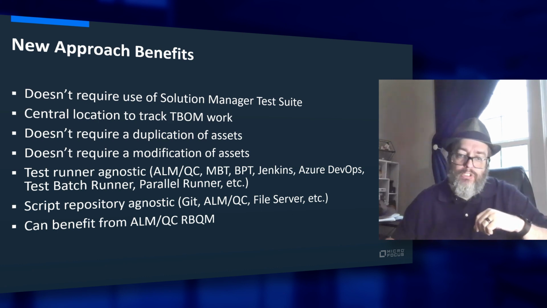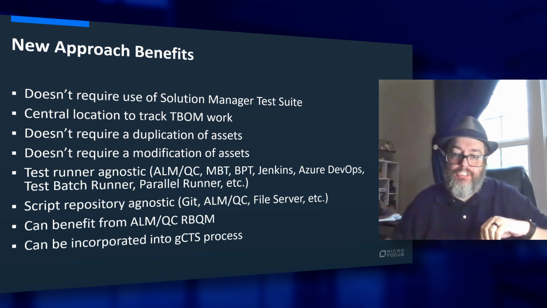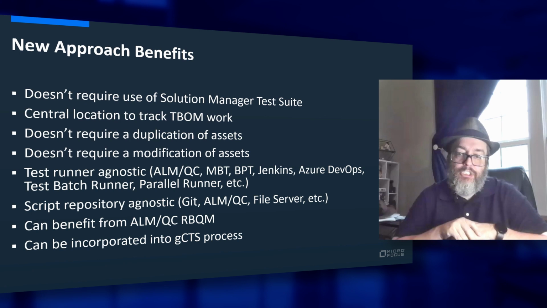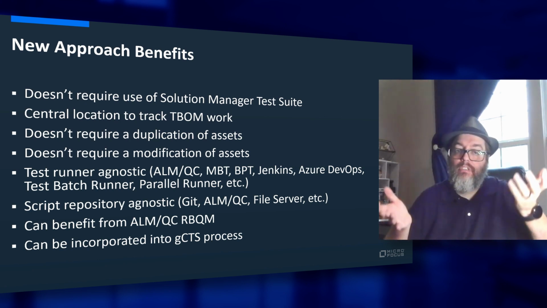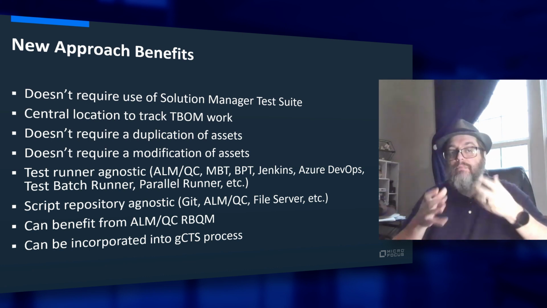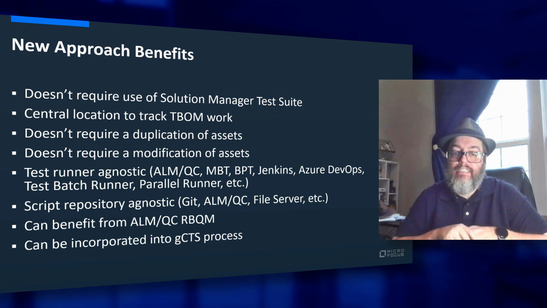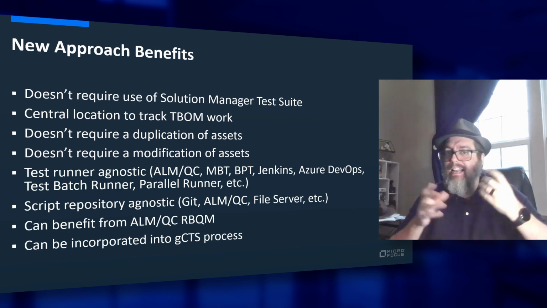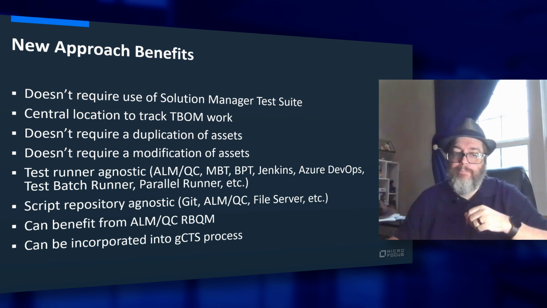Now, the last benefit that I see to this approach is that you could incorporate this in the GCTS process. GCTS is the Git-Enabled Change Transport System, which is what SAP has said is how you do DevOps for SAP. As GCTS is adopted in the industry, you could continue to use this approach and not have to figure out some way to cobble together using the old approach.